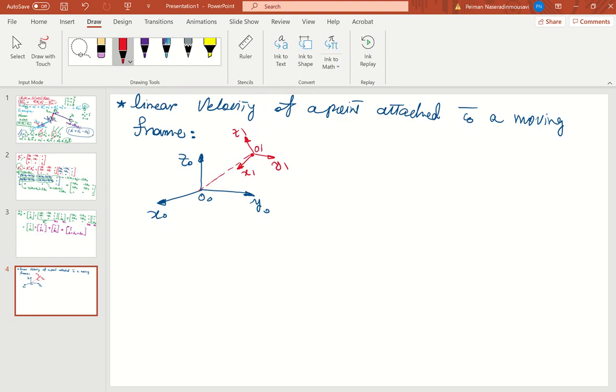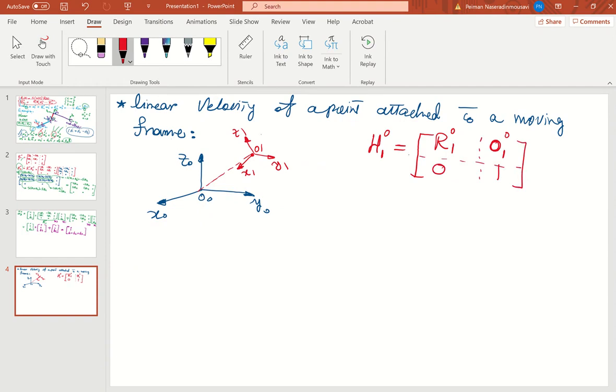So we know that the homogeneous transformation of frame 1 with respect to frame 0 was the rotation matrix R1 with respect to frame 0, the distance of the origins of 1 with respect to 0, and zeros and one. Remember the homogeneous transformation that we had?